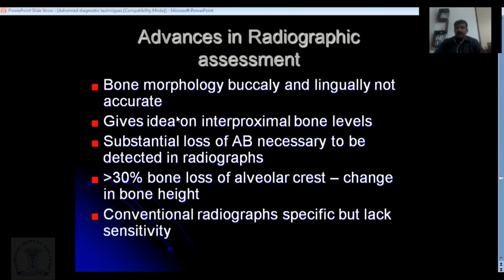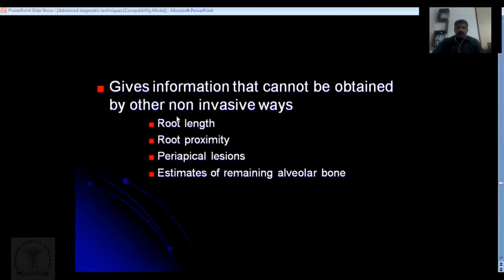And these conventional radiographs are specific but they lack sensitivity. They are specific, but they lack sensitivity. Now, but one thing is, there are certain data which only a radiograph can provide.